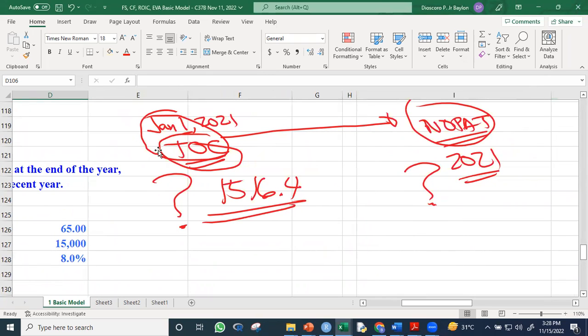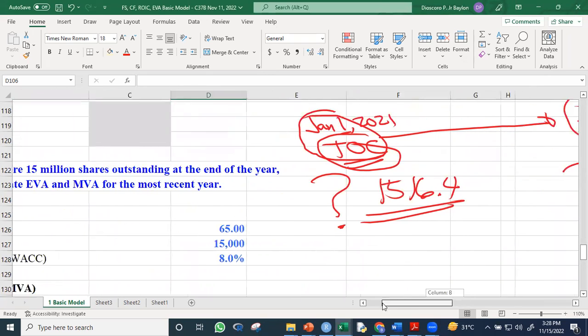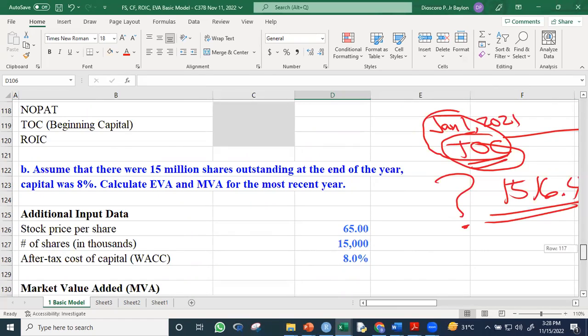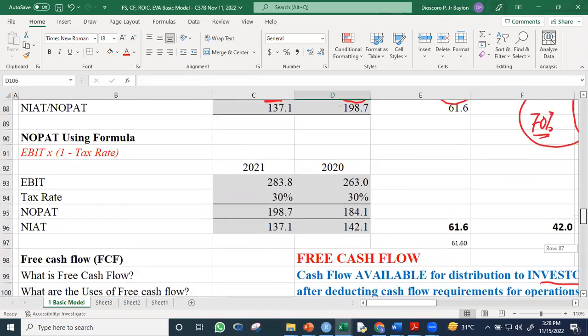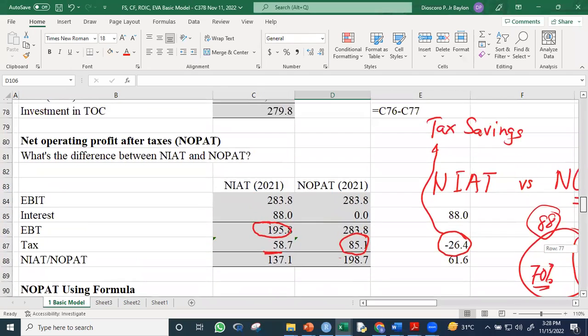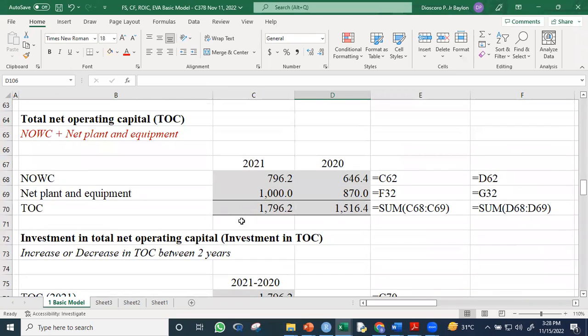Sabi kong beginning kasi, beginning. Yung 1796, ending yan kasi balance sheet to di ba? December 31 yan ending. So ang end ng 2020 is the beginning of 2021.